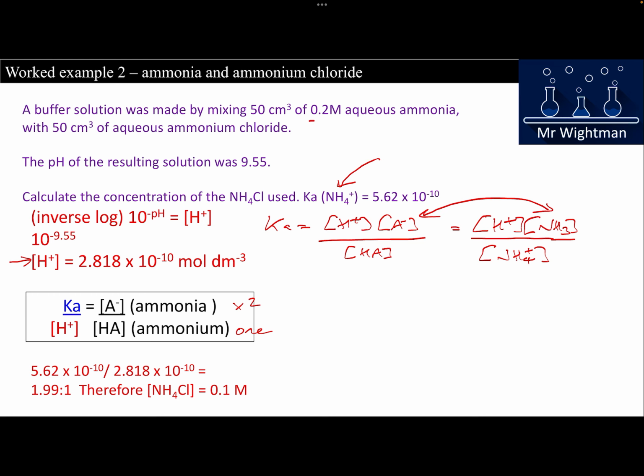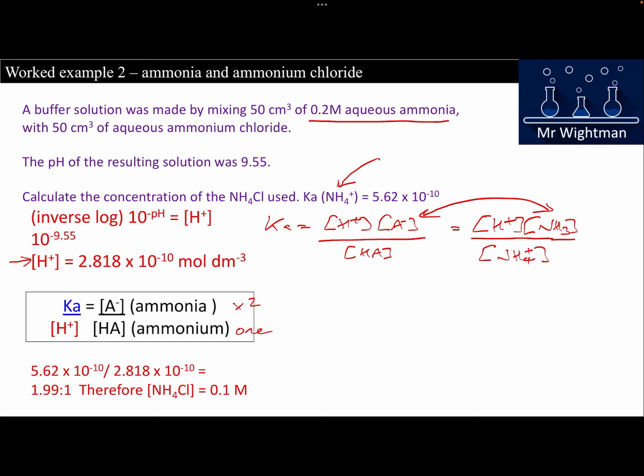So at the beginning, the question said we need to have the proportion of 0.2, we want 0.2 concentration in 50 mil. The volume hasn't been asked here, but in order to have that, we need to mix two solutions together where one of them is half the concentration.